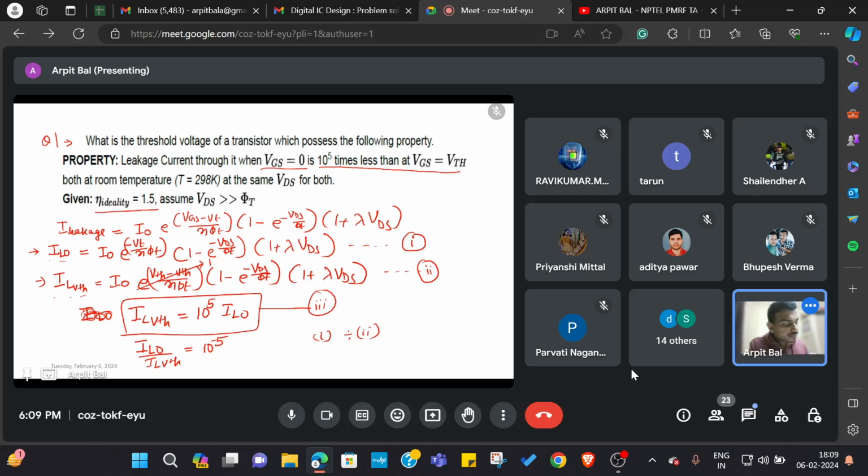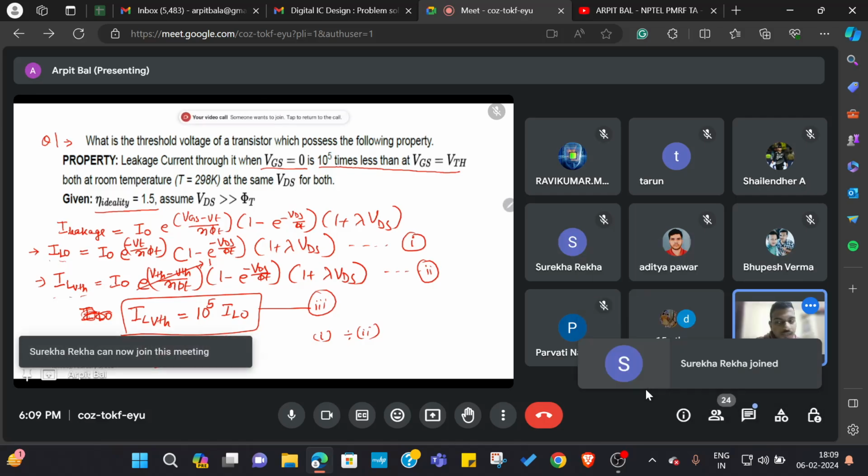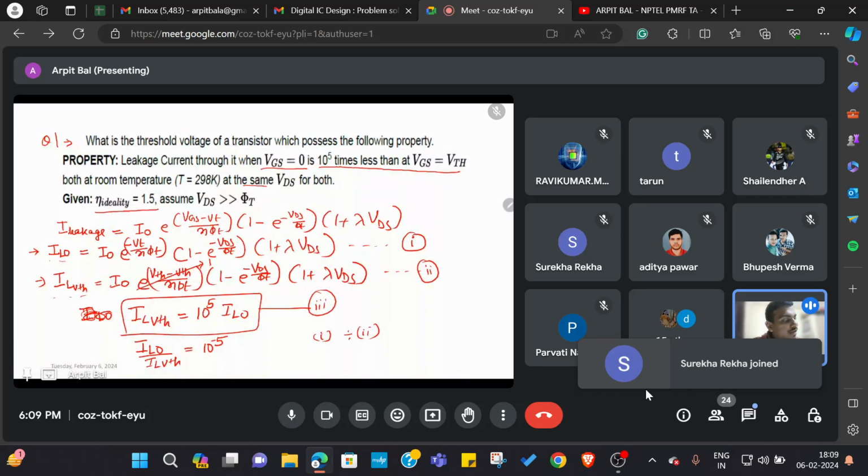And if I divide 1 by 2, then I0 is going to be cancelled and 1 plus lambda VDS is going to be cancelled, as it is mentioned that it is having same VDS for both. And the same thing is going to happen for this particular term as well, 1 minus e to the power minus VDS by phi t, because VDS is given to be same for both.